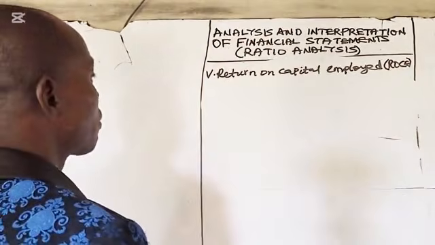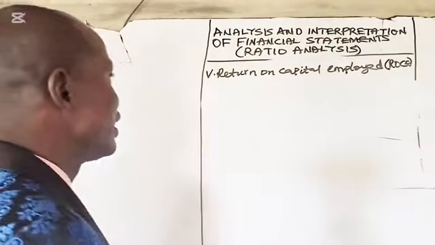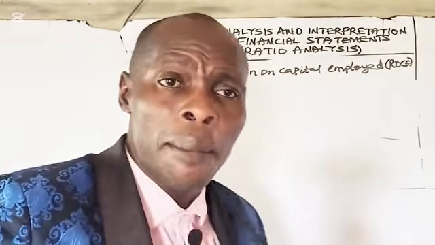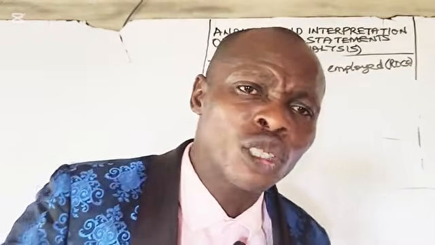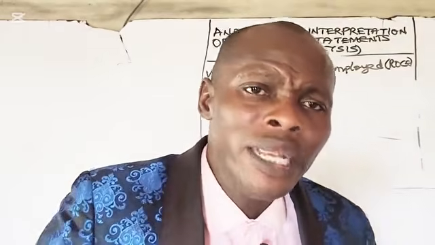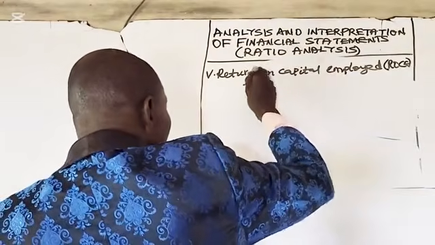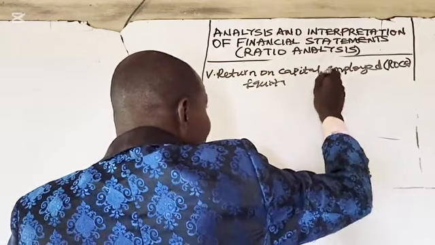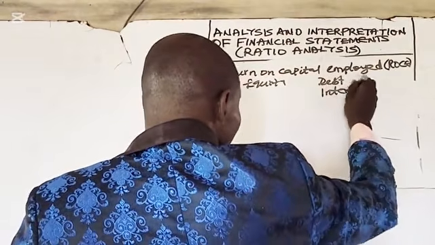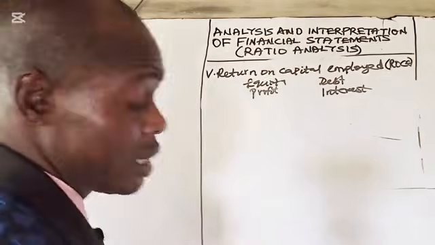I've told you if the company is geared, that means the business is financed with equity and debt. So if you say returns, we are talking about profit. That means the profits to use where a company is geared should be the profits to the two sources of finance: equity and debt. The return to debt is interest. Then this one is profit, especially profit after tax.